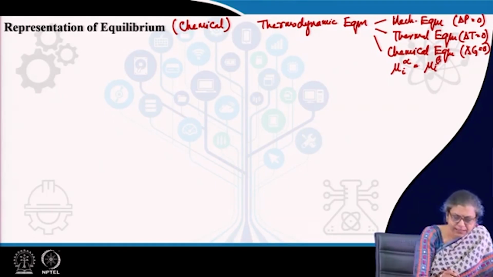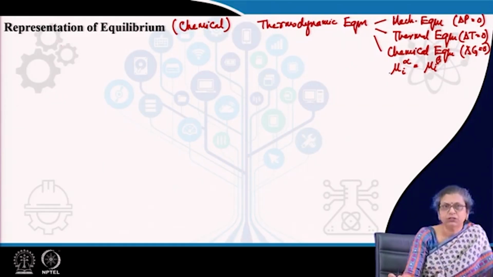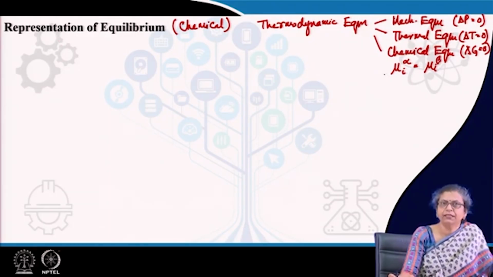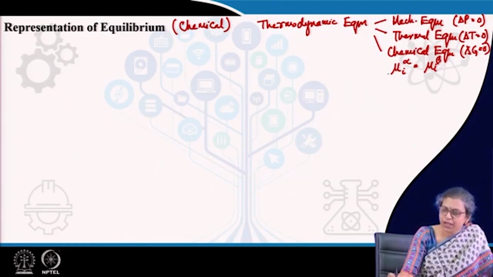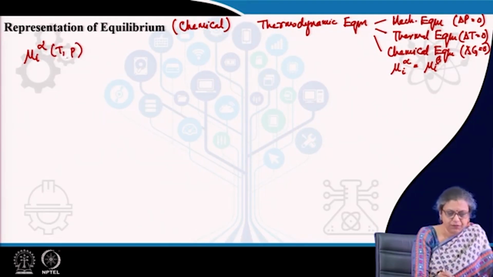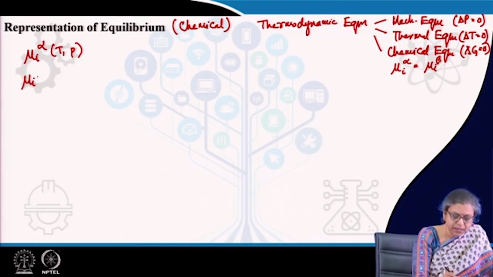So, let us recollect how to express this, because if we know how to express mu in terms of composition, temperature and pressure, then suppose there is a way of expressing mu I of component I in the alpha phase in terms of temperature and pressure, and a way of expressing mu of the same component I in the beta phase as a function of temperature and pressure.